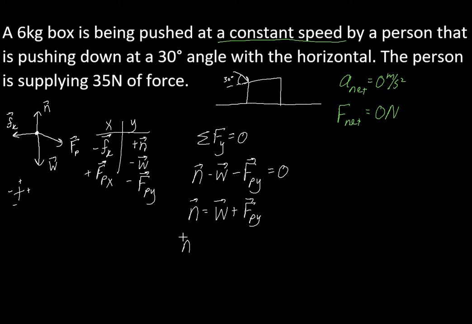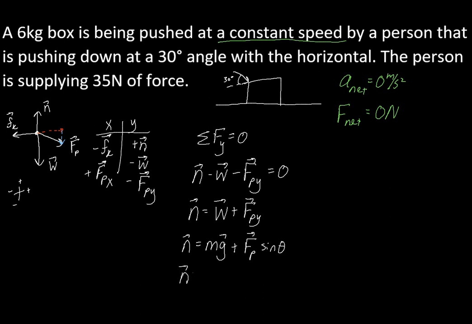Then from the previous number 1, we reminded ourselves that the weight is m times g. And again, using right triangle trig, we've got the x component there, we've got the y component there. The hypotenuse is Fp, which we're told, so we can say the y component is the hypotenuse times the sine of the angle given. Using SOHCAHTOA, we know that the sine is equal to the opposite over the hypotenuse. Rearranging, we get this.